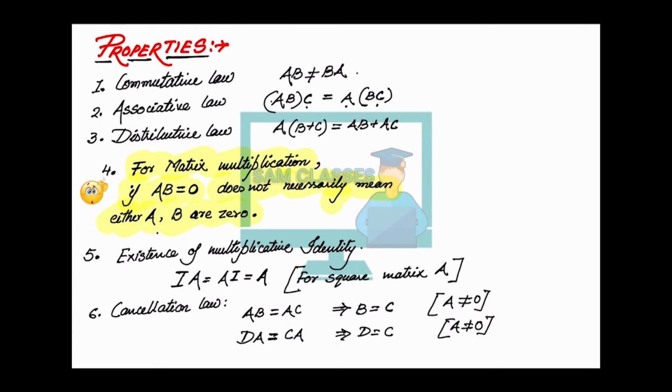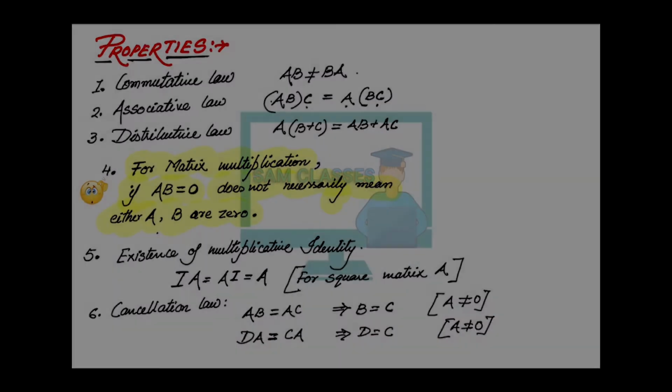So when AB is equal to AC, students, we can cancel A on the left side, but in order to cancel, we have to make sure that A is not equal to 0, and we can write B is equal to C. Now if I have BA is equal to CA, we can do right cancellation. A will be cancelled and B will be equal to C, and here also the same case, students: A should not be equal to 0. Now the properties are done. Any doubt, put it in the comment section, students.